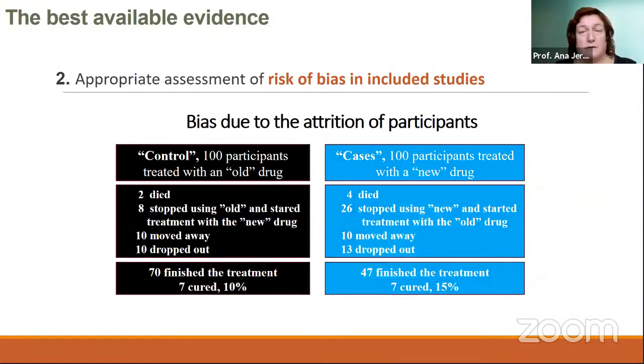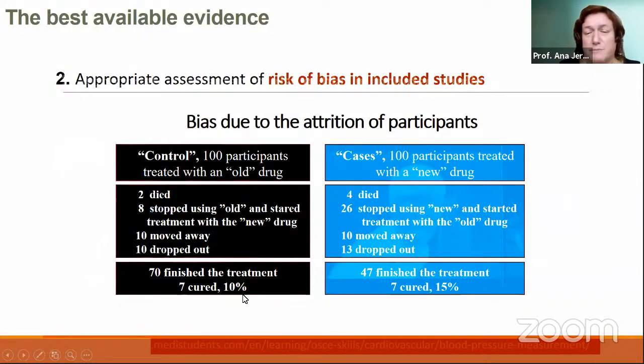We could also have another type of bias due to attrition of participants. So let us look here. We have 2 arms, 100 participants in each. One arm is receiving the old drug and the second arm is receiving the new drug. We are interested in the number of patients that are cured at the end.